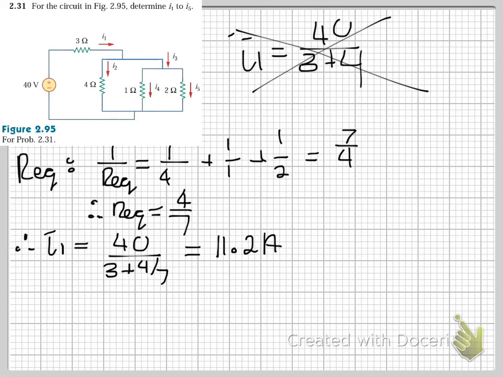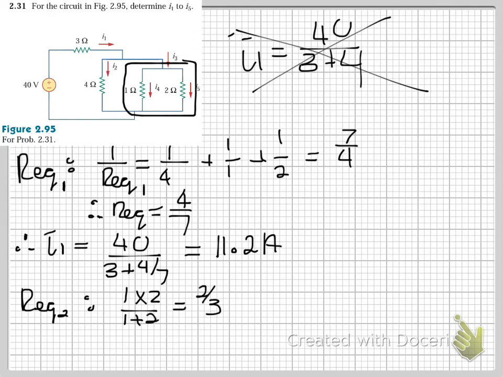So now to find I2, I3, and I4. Okay. So now we need to find the equivalent resistance there. We'll just call this REQ1. And then for REQ2, we've got 1 times 2 over 1 plus 2, which is just 2 over 3, right?